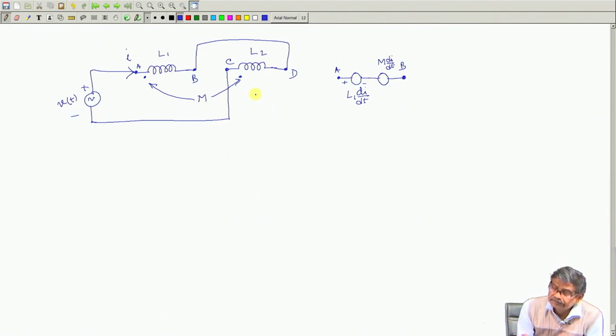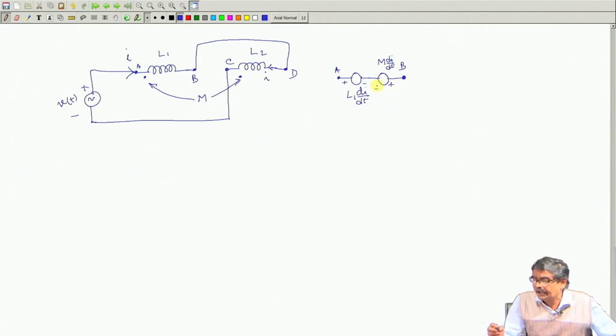In this case, current is entering through this terminal, not through the dot. Therefore, this will become plus and this will become minus. So, through whichever terminal current is entering, this current, which is causing an induced voltage here, that side it should be plus, and this minus. So, I think you must understand this point.